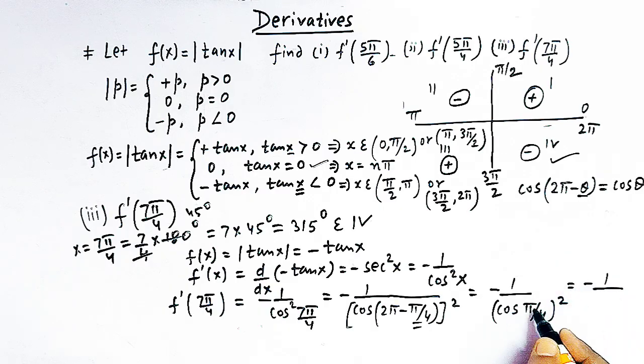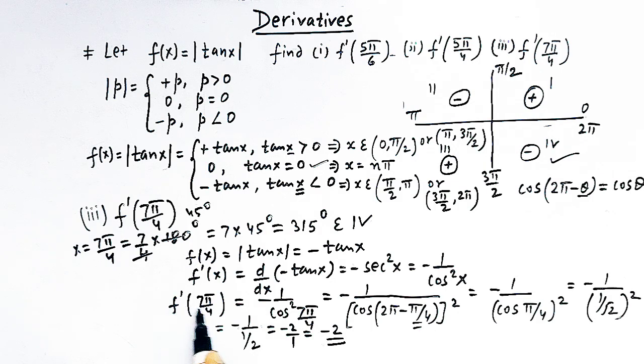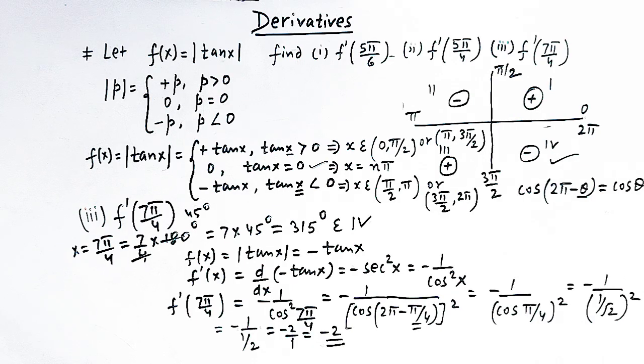And cos pi over 4 is 1 over root 2, and here we have the square. So 1 over root 2 square is simply 1 over 2. So taking this 2 to the numerator, we have simply minus 2 over 1, that is minus 2. So the value of f prime of 7 pi over 4 is equal to minus 2.